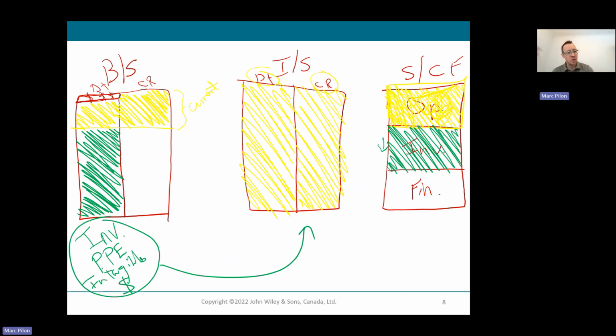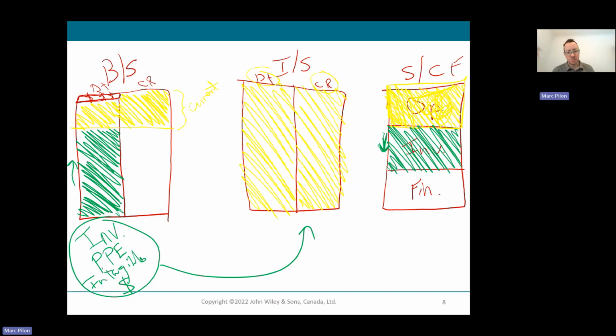So while a purchase will increase the balance sheet, right? We have debit cash, debit investment, debit PPE, property, plant, equipment, but we would have a credit to cash, and that credit to cash should reduce my cash balance. So it acts as a negative in my investment section of my statement of cash flow.